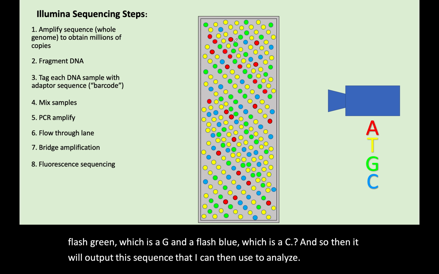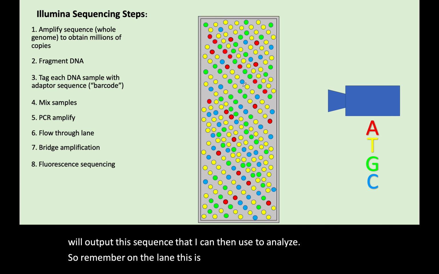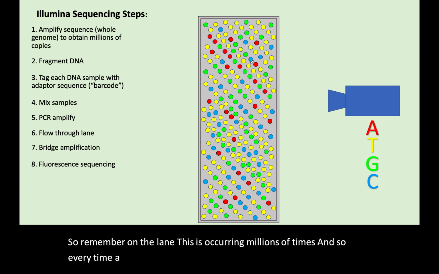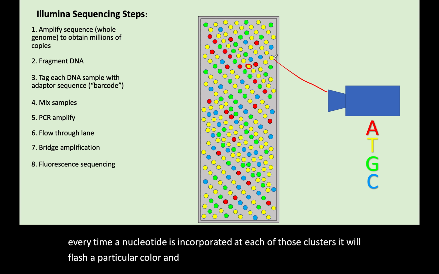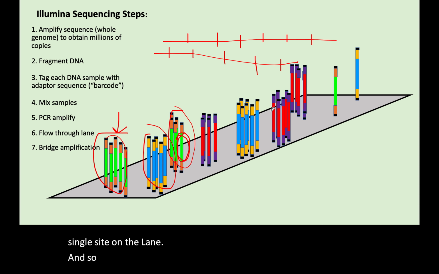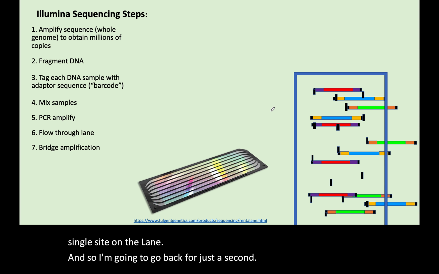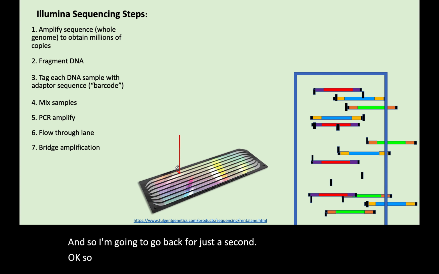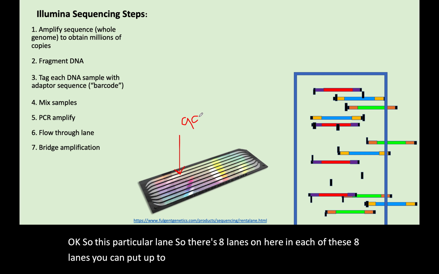So remember, on the lane, this is occurring millions of times, and so every time a nucleotide is incorporated at each of those clusters, it will flash a particular color. And so this camera is able to keep track of every single site on the lane. I'm going to go back for just a second. Okay, so this particular lane, there's 8 lanes on here. In each of these 8 lanes, you can put up to 99 unique bacterial samples.